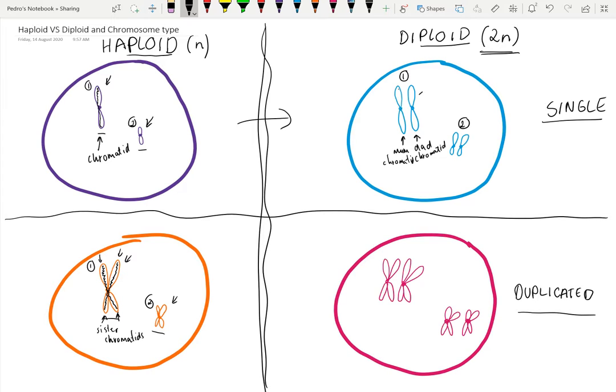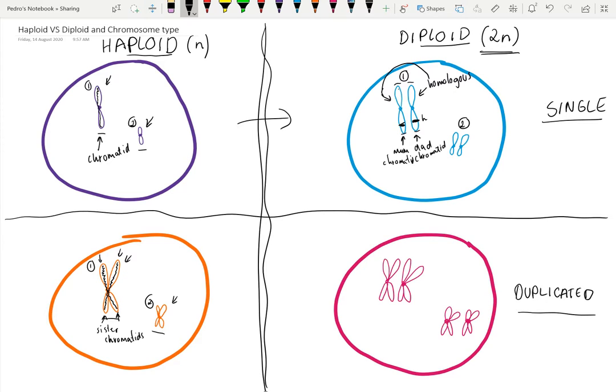This one is homologous to this one, so these are homologous, which means that both these chromosomes are the same size, and we can see that. We can't see their genes, but for example, if I were to identify a spot on dad's chromatid down here and the same spot on mum's chromatid, we would have the same type of genes.